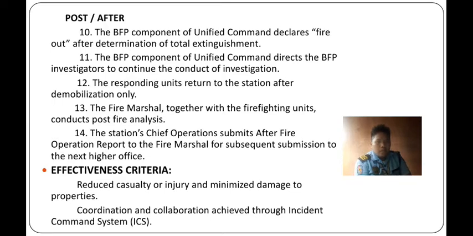The responding units return to the station after demobilization only. Thirteen, the fire marshal, together with the firefighting units, conducts post-fire analysis. Fourteen, the station chief of operations submits the after fire operation report to the fire marshal for subsequent submission to the next higher office. Effectiveness criteria is the same as in number 5 and 6.